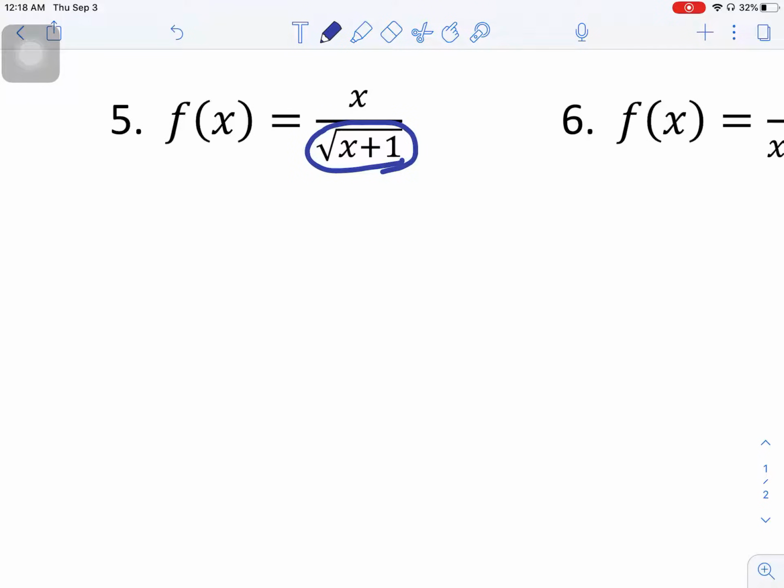With a square root, I want to make sure that what's underneath the square root becomes a real answer, no imaginary numbers. So I'm going to take the expression under the radical and do one of two things to it. Either I am going to set it greater than 0, which means it would only be positive solutions.